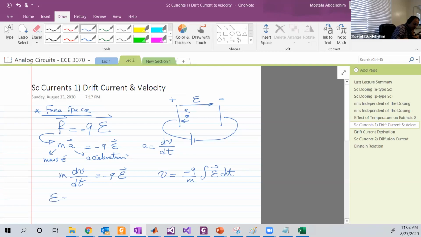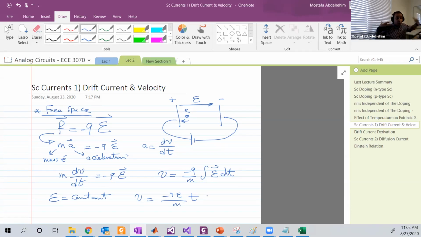If epsilon is constant, which means this is a battery, okay? So V is equal to minus Q epsilon over M times T. Very nice equation. So if you have free space and you have an electron in this free space, the field will exert a force on the electron.